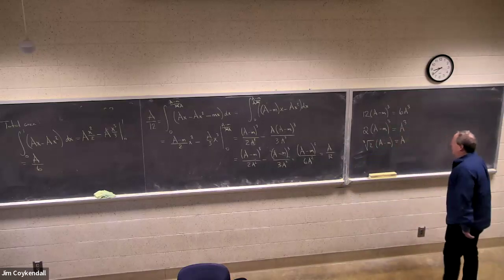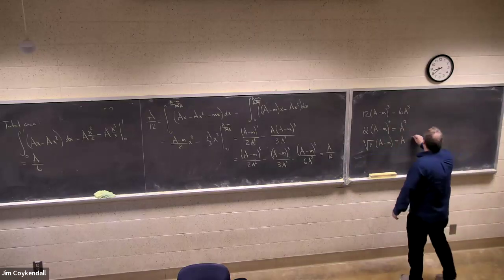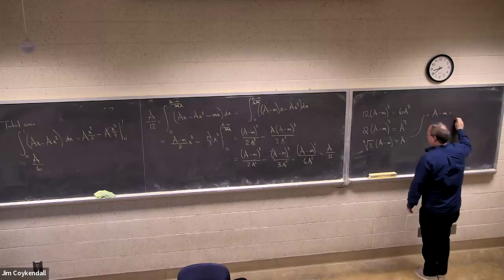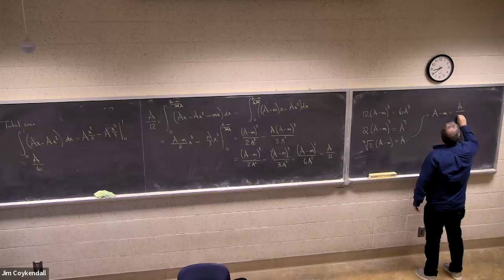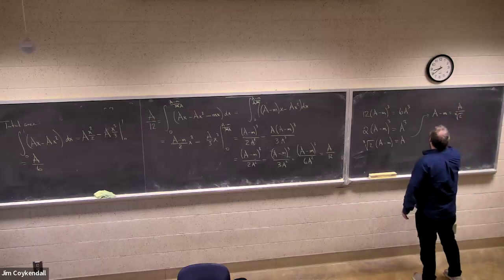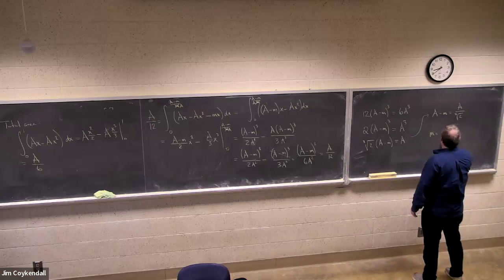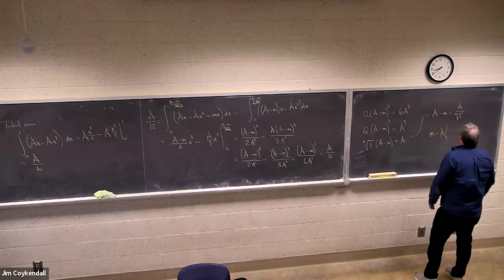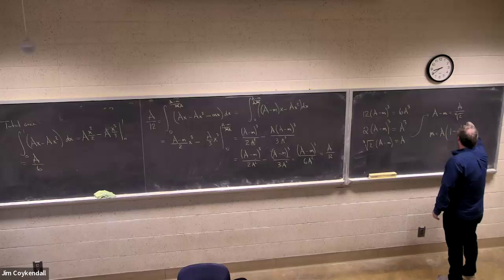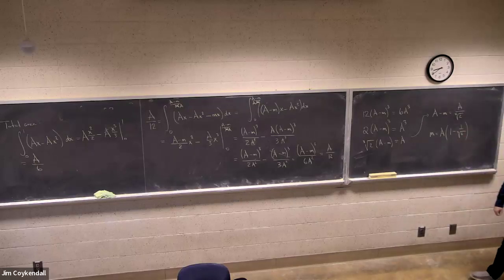And so what are we trying to find? The m, right? So a minus m is equal to a over the cube root of 2. And so I get m is equal to whatever a is times 1 minus 1 over the cube root of 2. So take whatever a is, multiply by the crazy thing.